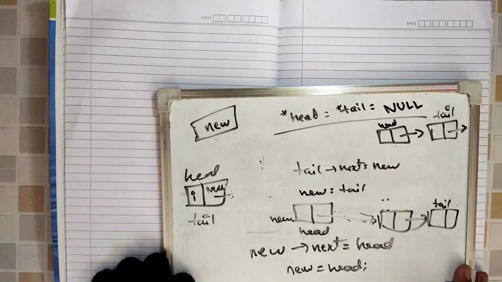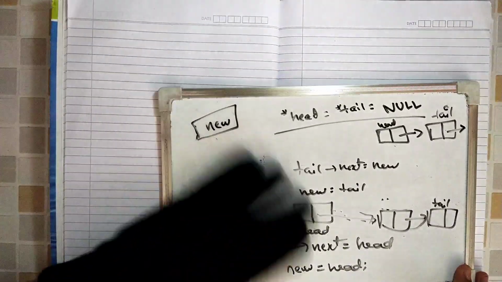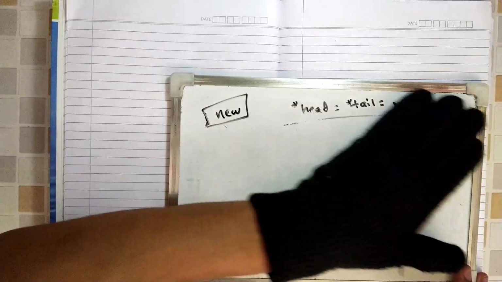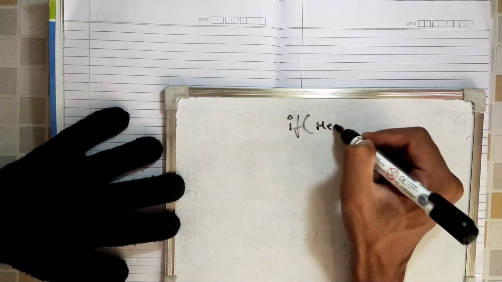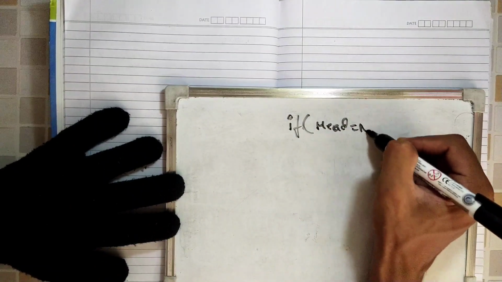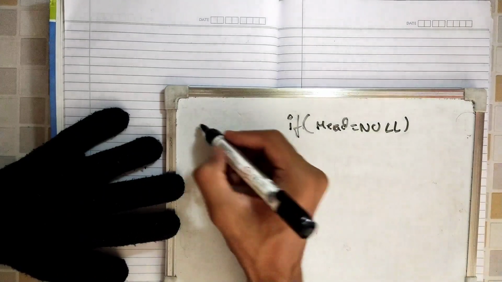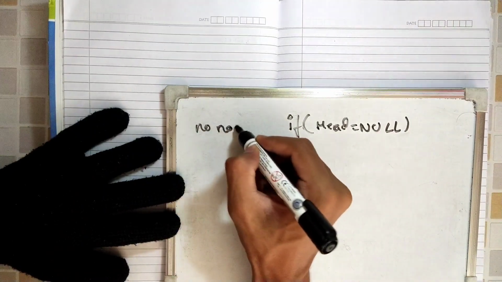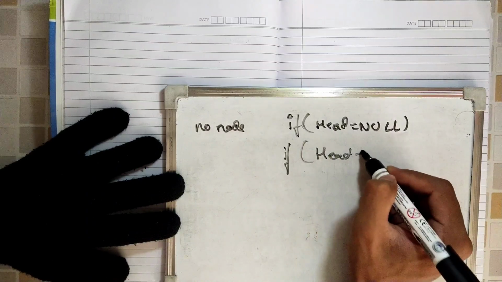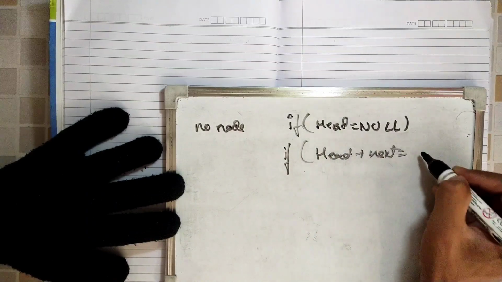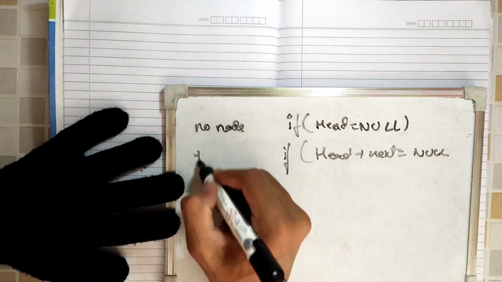This is how you insert, but while inserting you always have to check: if head equals to null, head itself is null, then there are no nodes. If head of next equals to null, only one node.